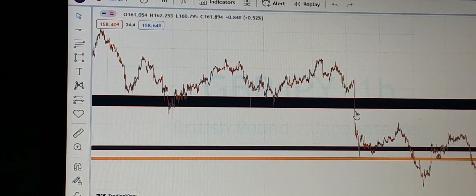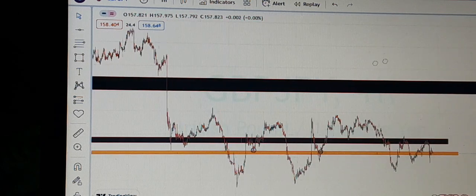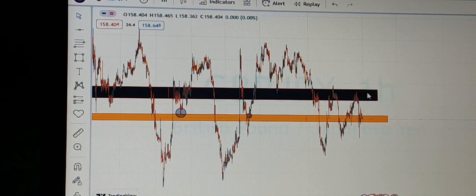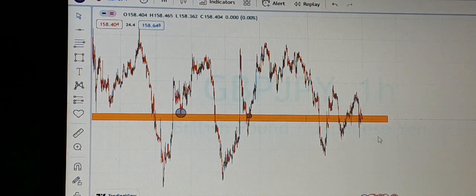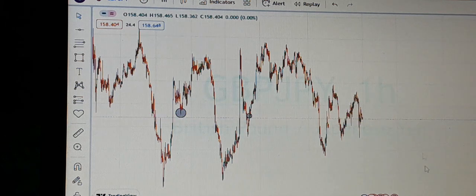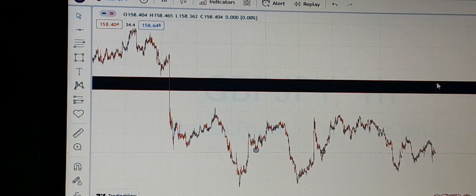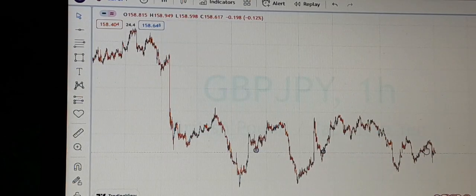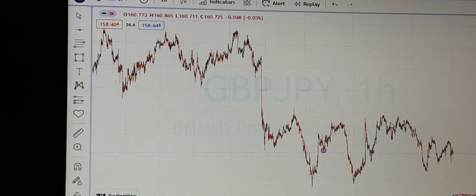You live to fight another day. You wait for the candles to make their move, then you enter the trade the next day or the next evening. So I'm just showing you guys how to plot zones using the Fibonacci.